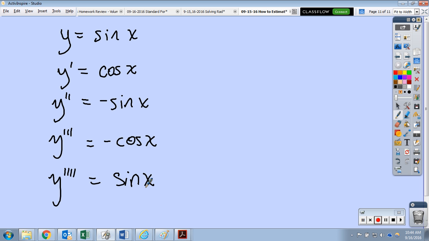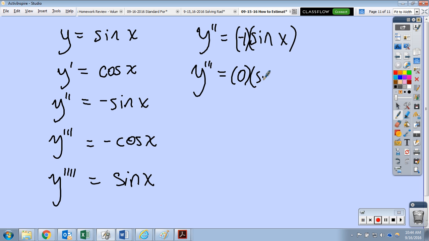So the function y equals sine of x, its fourth derivative is the original function. Can you explain why the derivative of negative sine x is negative cosine? Yes. Let's say y double prime is equal to negative sine x. If I want to find y triple prime, I'm technically doing product rule. The derivative of the first guy is nothing, leave this guy alone, plus leave the first guy alone times the derivative of the second guy, which is cosine.